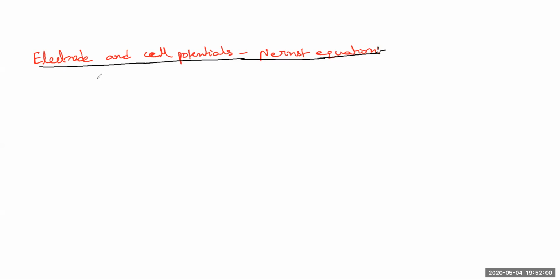So that means the electrode potential and the EMF of the cell depends upon the nature of the electrodes, the temperature and activities, means concentrations of the ions in the solution. That means the variation of the electrode and cell potentials with concentrations of ions in the solution can be obtained from thermodynamic considerations. For example, for general reactions.